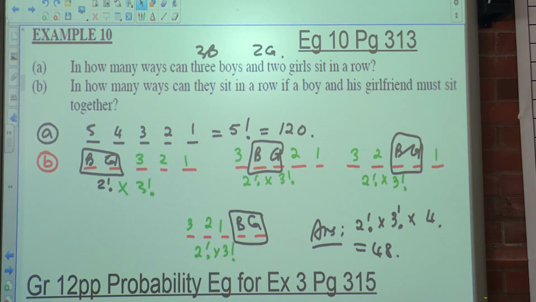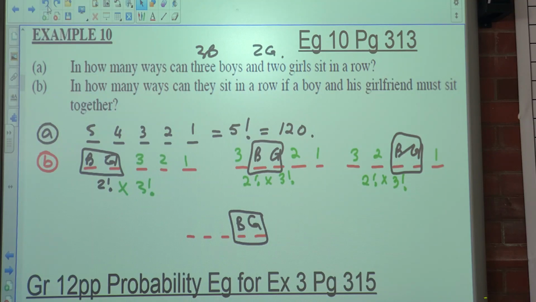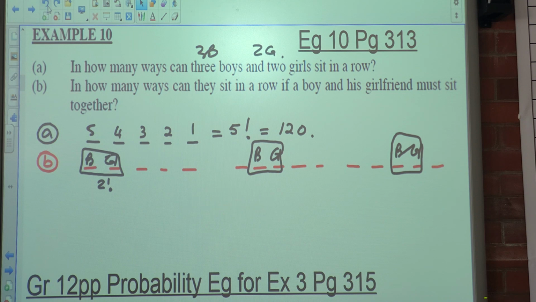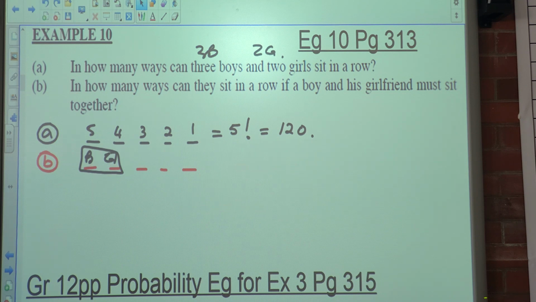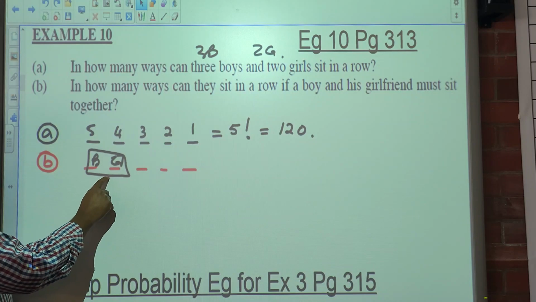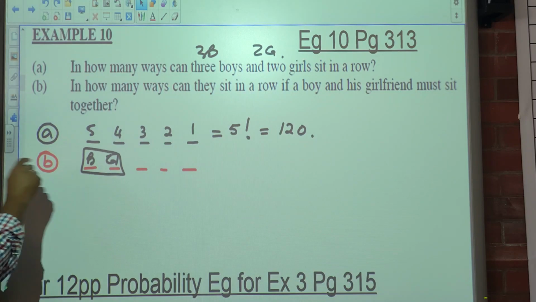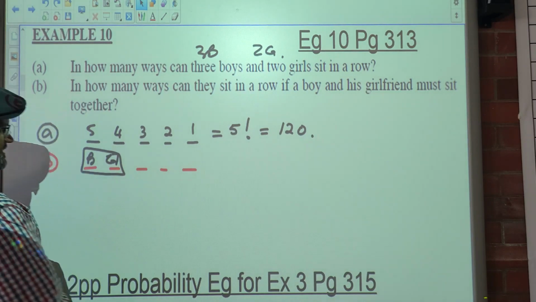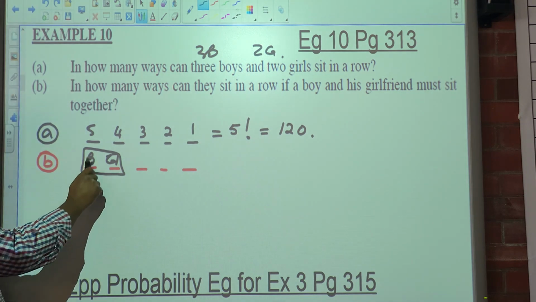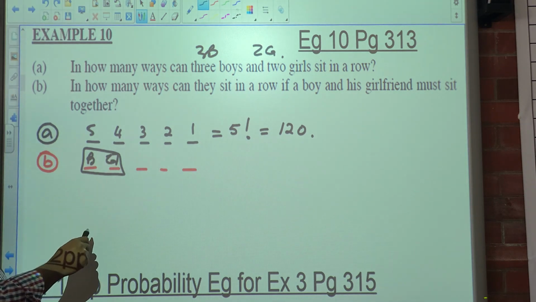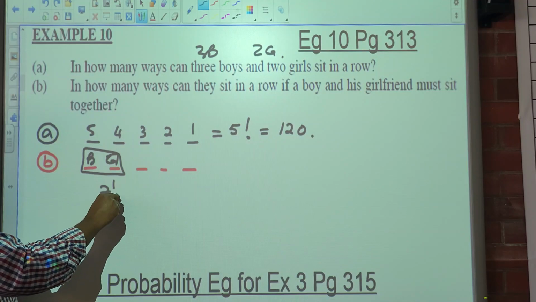So what we do is we go back and remember that answer was 48, no? If the boy and his girlfriend are sitting together, how many ways can they sit together? 2 factorial ways, not so?